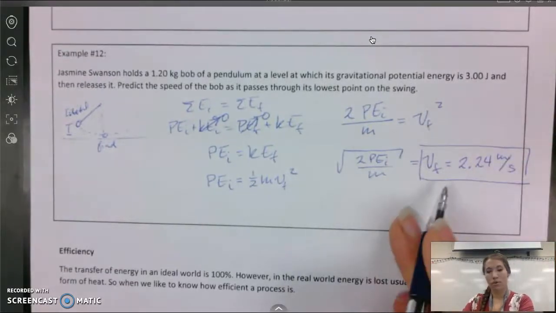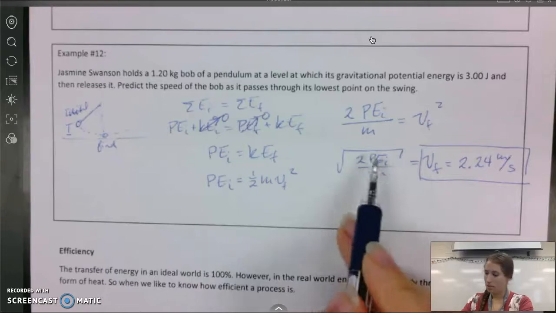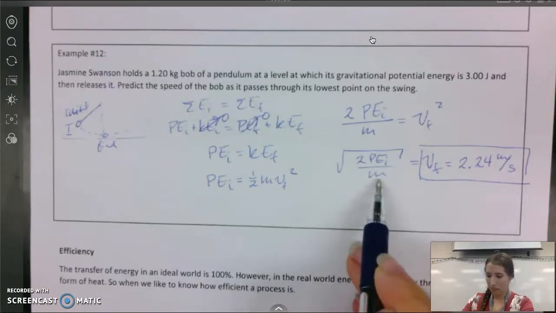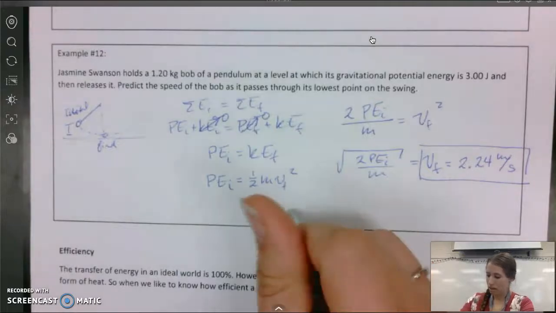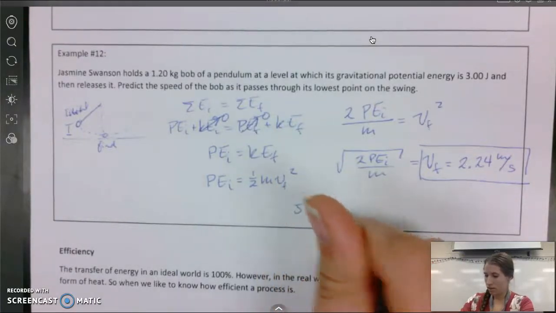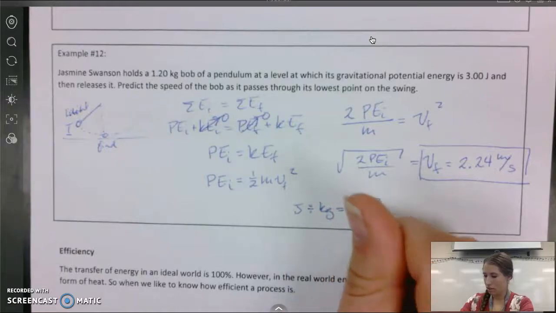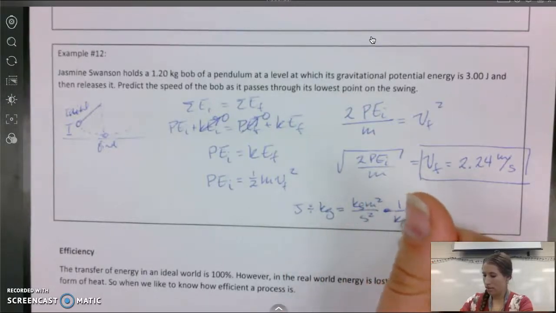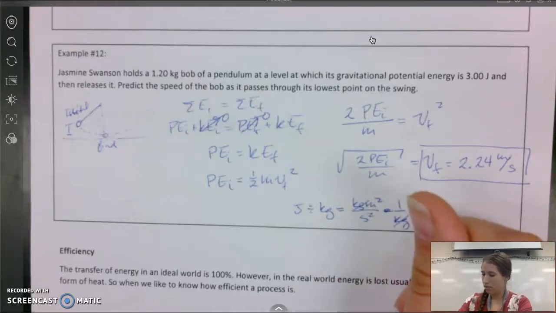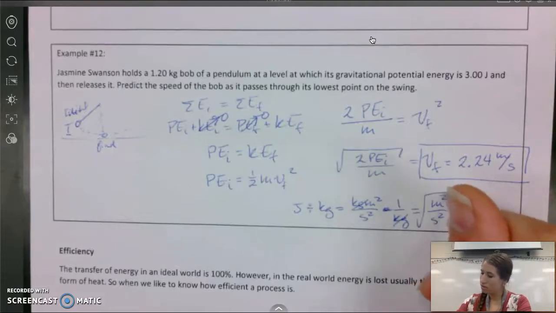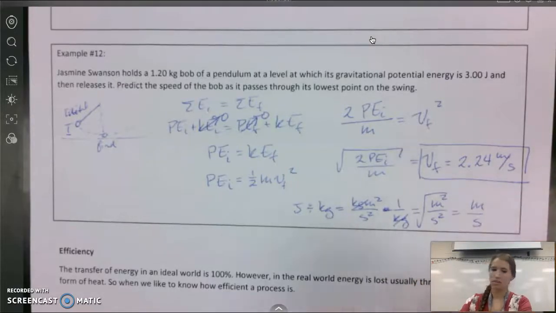Now it's a velocity, so we want it to be meters per second. We are taking potential energy, which is joules, dividing it by mass. So we're taking a joule and dividing it by kilograms. A joule is a kilogram meter squared per second squared. And anytime you divide, it's the same as multiplying by the reciprocal. So we're left with meters squared per second squared, but it's all in a square root. So we are left with meters per second.